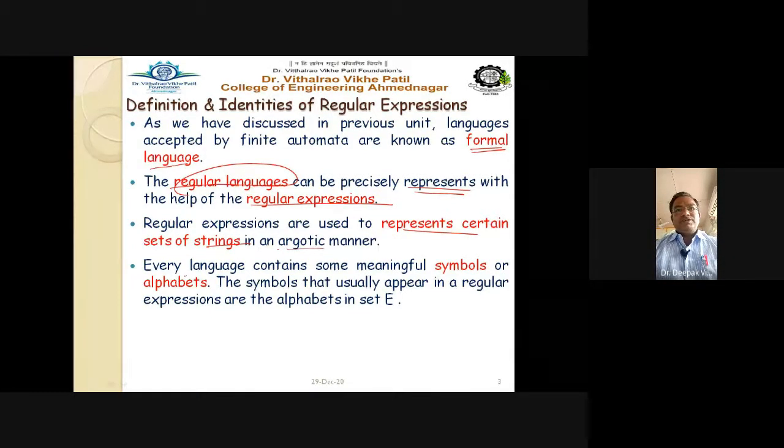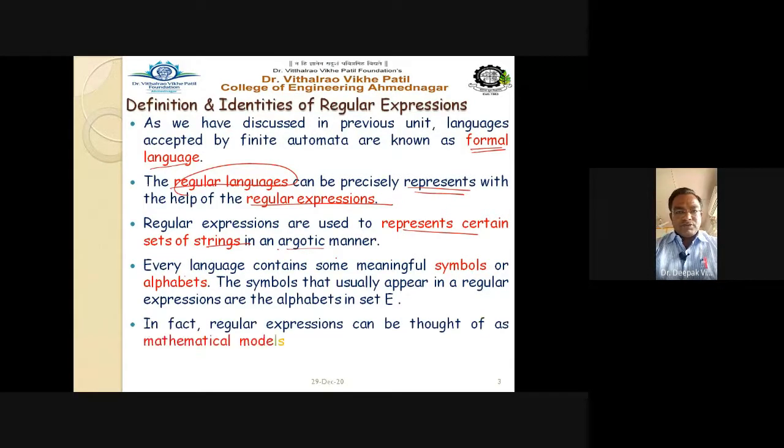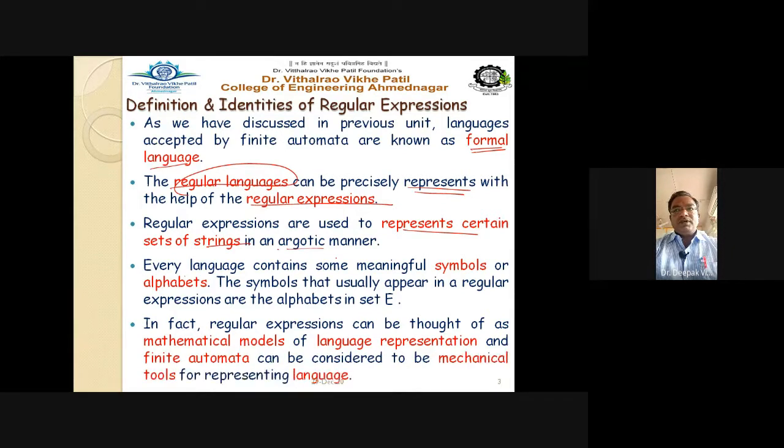Every language contains some meaningful symbols or alphabet. The symbols that usually appear in a regular expression are the alphabet in set sigma. In fact, a regular expression can be thought of as a mathematical model of language representation, and finite automata can be considered to be a mechanical tool for representing a language.